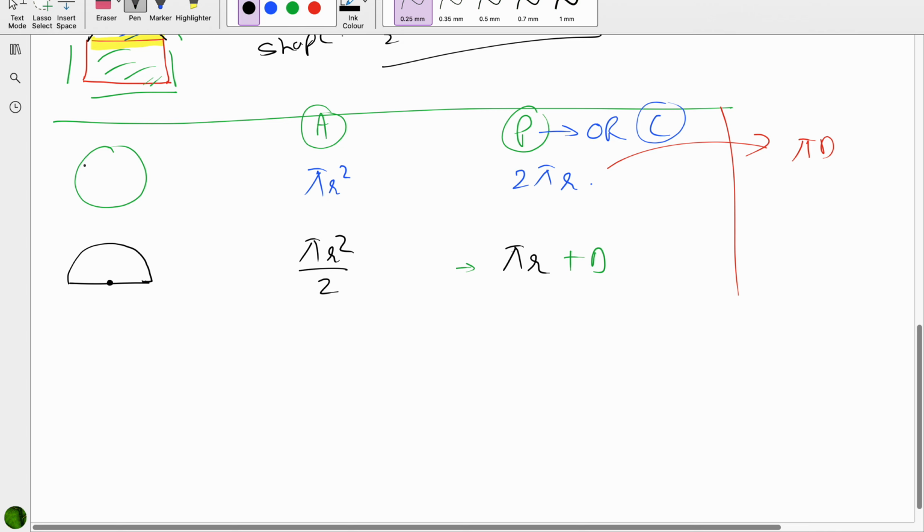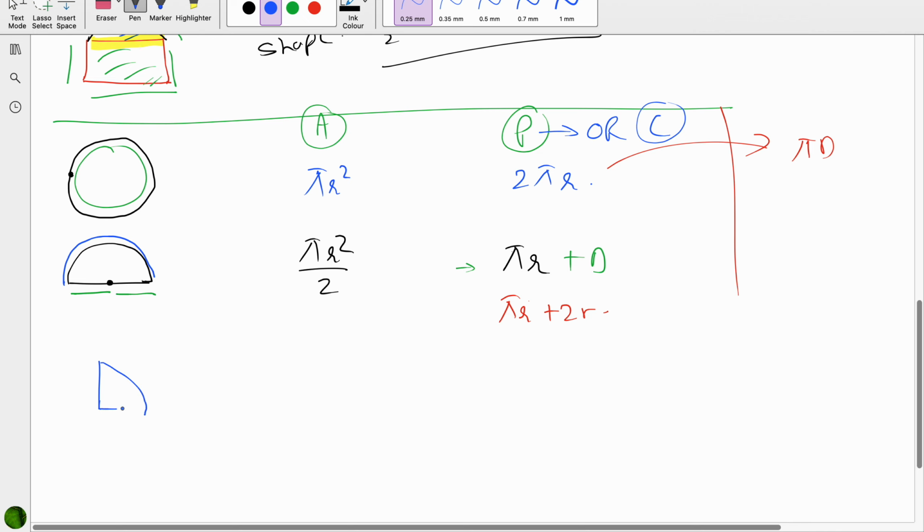Now look at this. First we had all of this, it moves around 360 degrees. But now this is half of that, 180, and this is a new side. So either you write d or you write pi r plus 2r. 2 times radius appears as a new side.